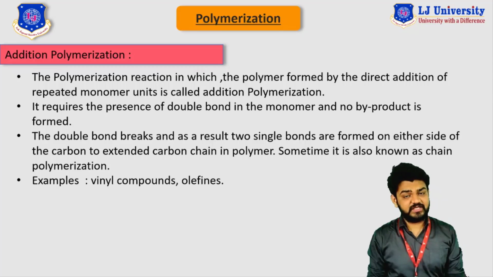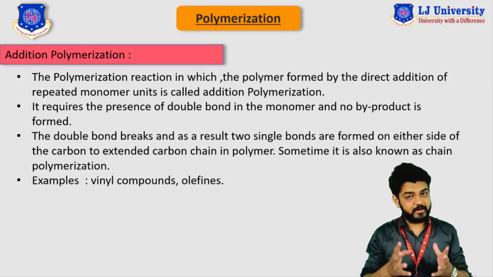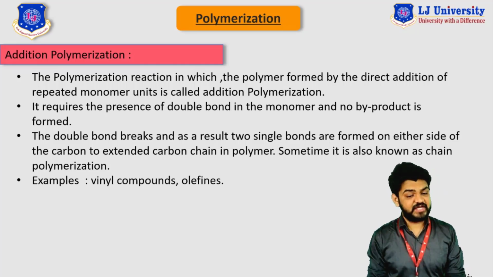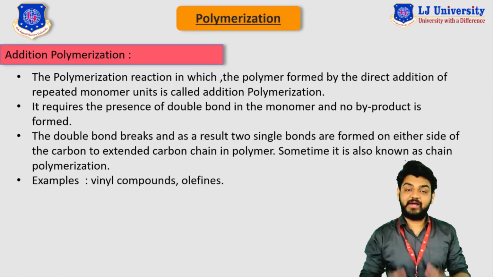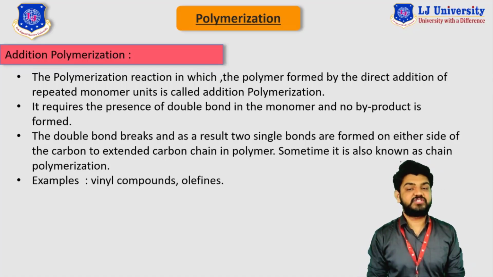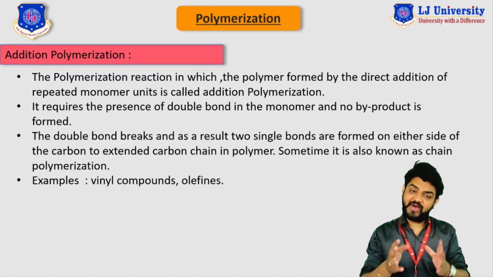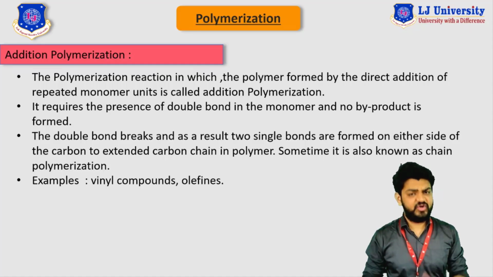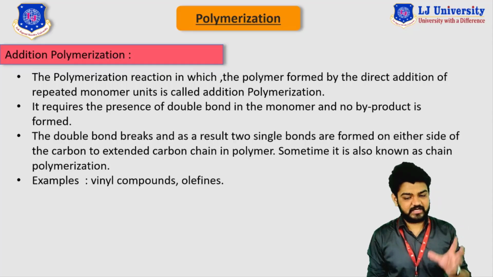In the majority of cases, addition polymerization is done with compounds which have a double bond or triple bond. So the polymerization reaction in which the polymer is formed by direct addition of repetitive monomer units is called addition polymerization, and it requires the presence of at least a double bond.